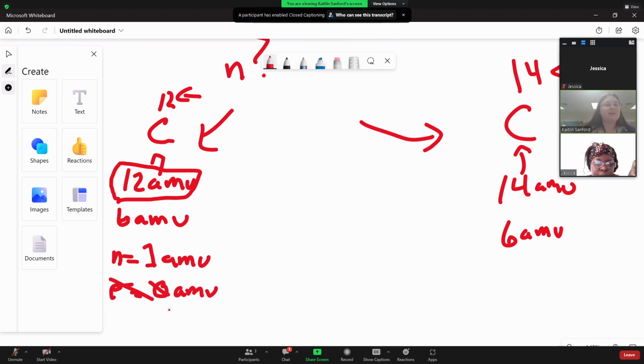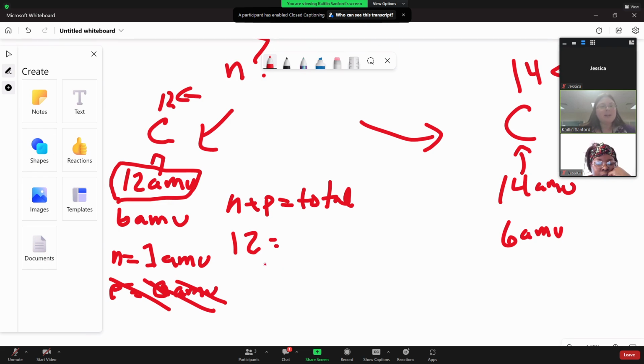So for our intents and purposes, even though electrons do have a mass and do count toward it, we're going to ignore it. So we know that neutron plus proton is going to give us our total mass, right? If my total mass is 12, how many neutrons do I have? 6, I think.